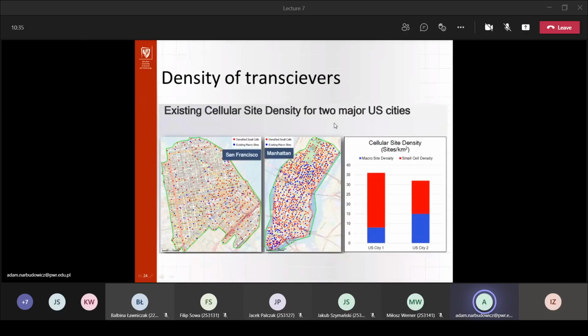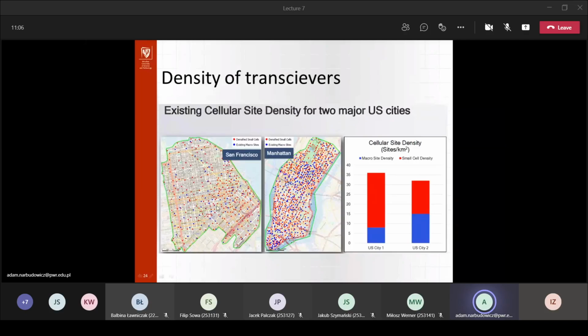Simplifying a little bit, the distinction between macro cells and small cells depends on the covered area. A small cell would typically cover one block or one quarter of a city, whereas macro cells would have a much larger area coverage.